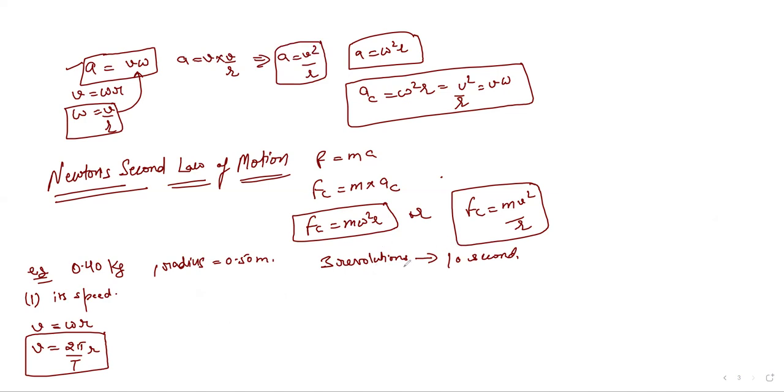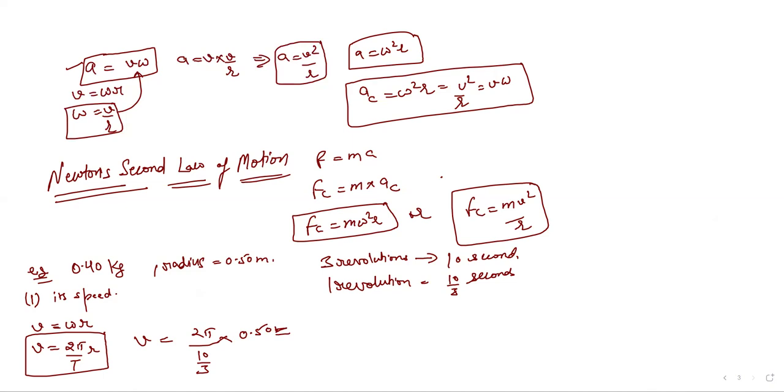Three revolutions in 10 seconds, so one revolution will be completed in 10 by 3 seconds. So we will substitute values here. We will get v is equal to 2 pi divided by 10 by 3, multiplied by radius. Radius is given as 0.50. So you can do this calculation to find the velocity v.